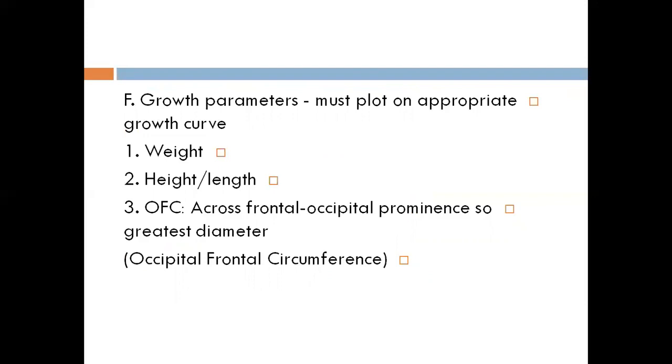We measure the weight, the height, and the length for the children who cannot stand, which we call length. OFC.